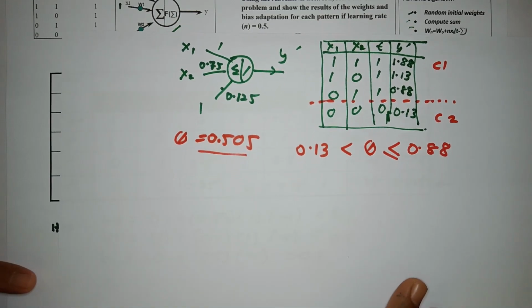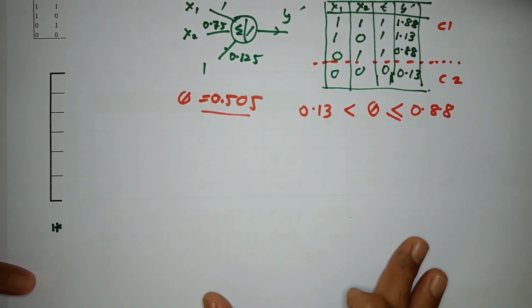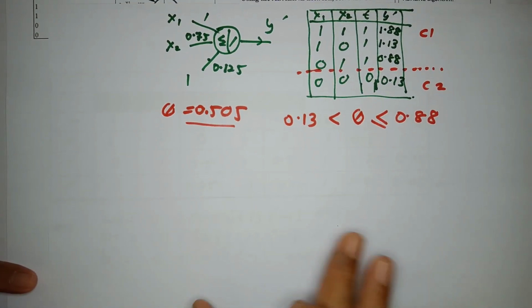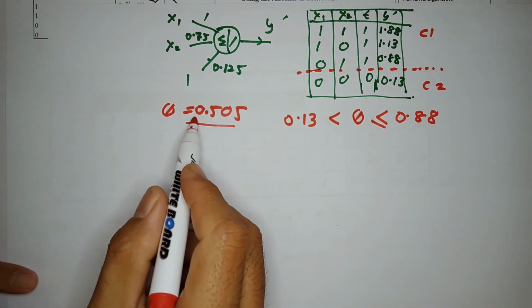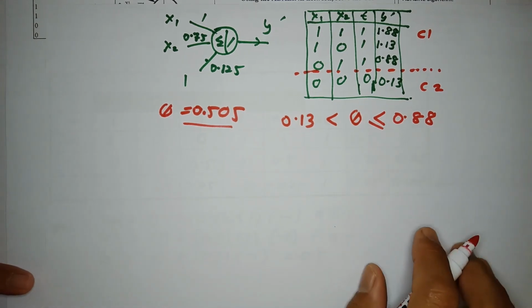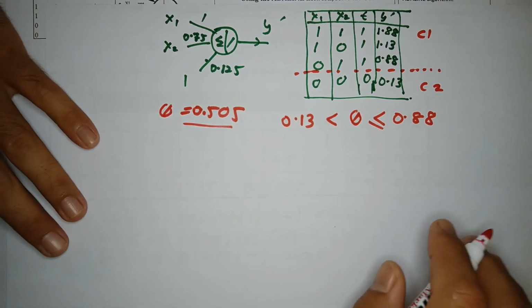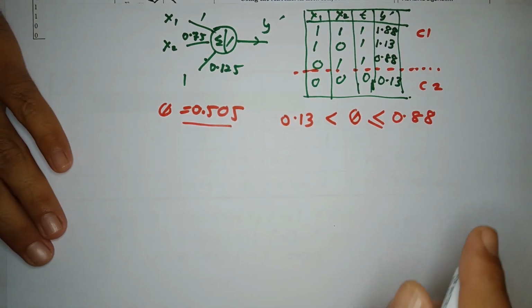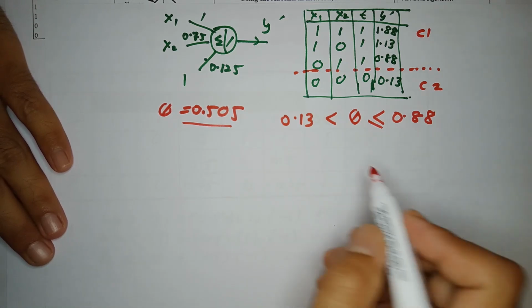So let's say we plot the scatter plot and use theta equal to 0.5. We look at how the decision boundary will be constructed.